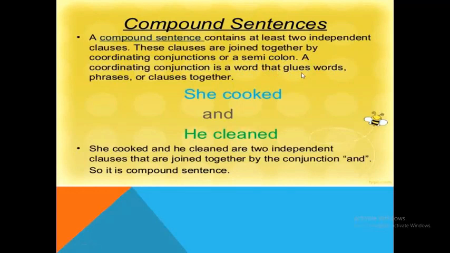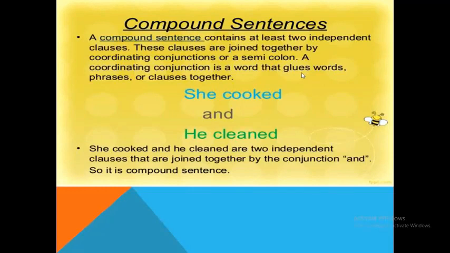So boys, very simple. Two sentences joined together in very simple words. If I tell you two sentences joined together with a semicolon or a conjunction, which we do say coordinating conjunction, is called a compound sentence.